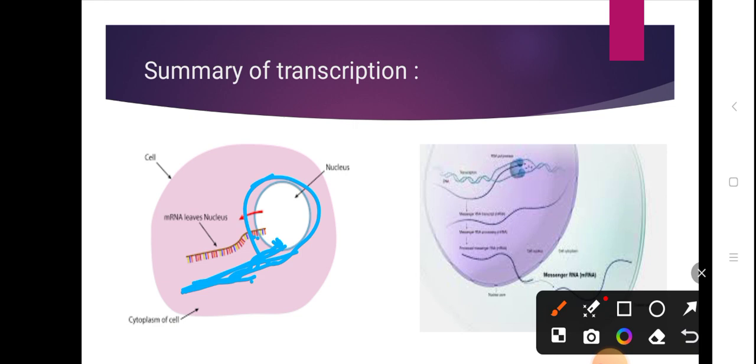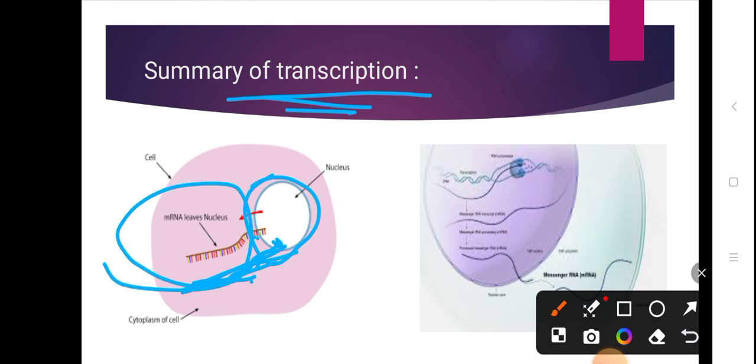And what is the organelle responsible for protein formation? Ribosomes. So transcription, the first step of protein synthesis, is the formation of mRNA. Okay?